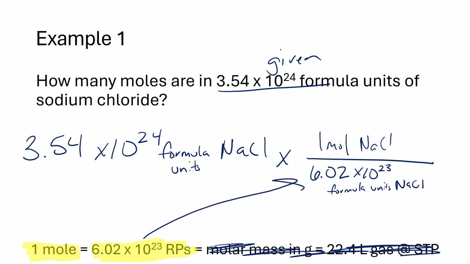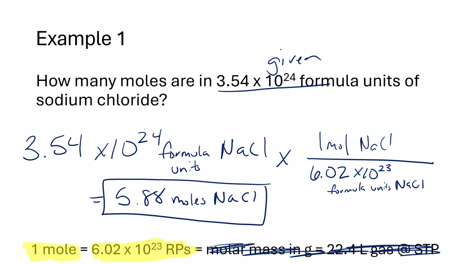So that's where these are coming from. When I plug that into my calculator, I get 5.88 moles of NaCl. Go ahead and plug that in and check and see if that number is correct.